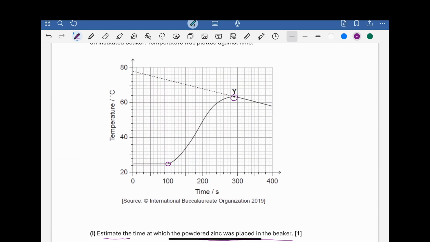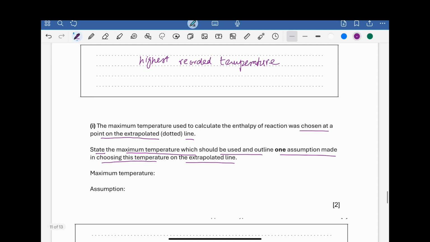We mixed zinc when time was 100, so we need to read from somewhere here, and each line represents 2, so we have 70 here, 72 here, and it looks like 73.